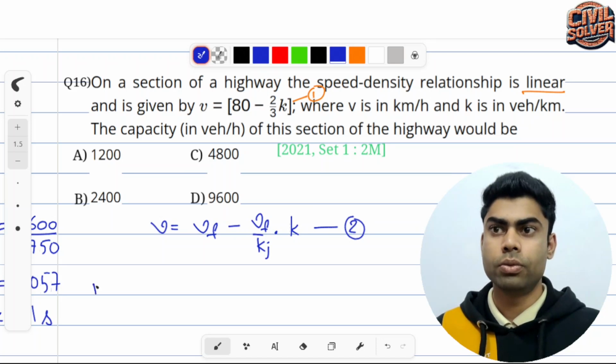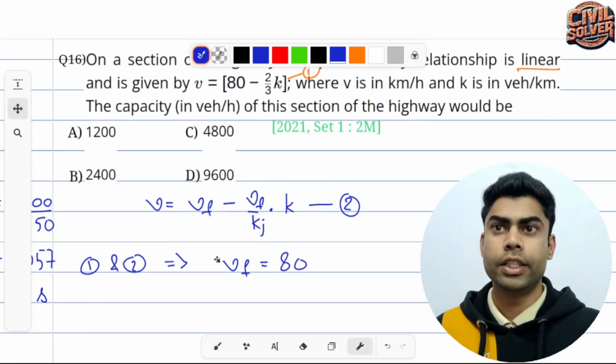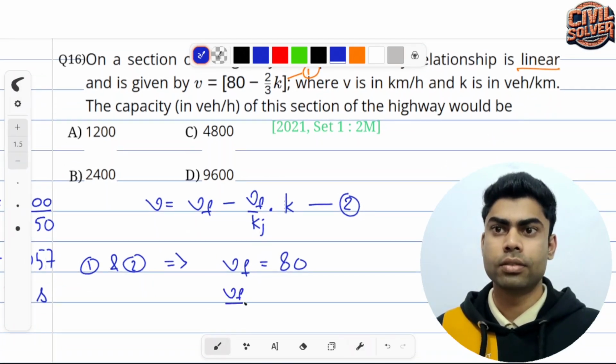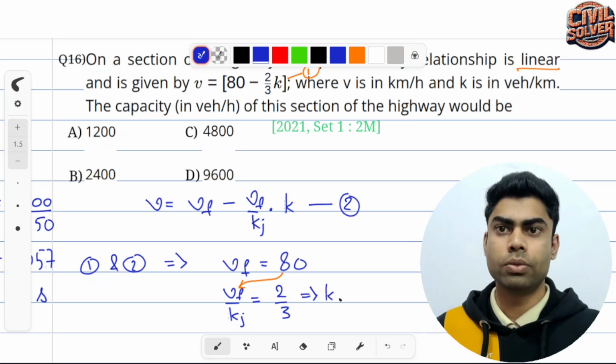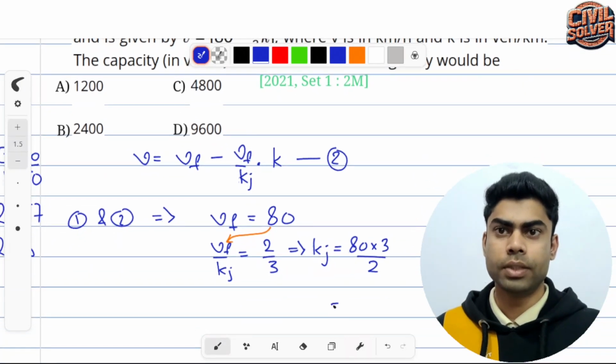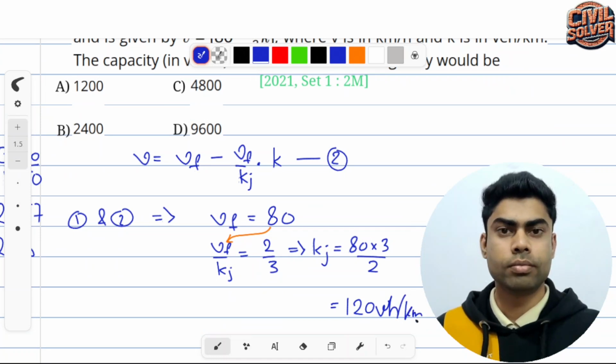Comparing equation 1 and 2, we can conclude that Vf is equal to 80 and the ratio Vf by kj is equal to 2/3. Put this value 80 over here, we will get kj is equal to 80 into 3/2. That means kj is equal to 120 vehicle per kilometer.